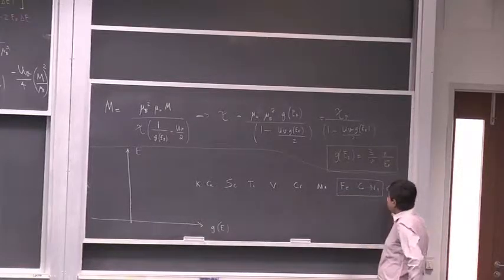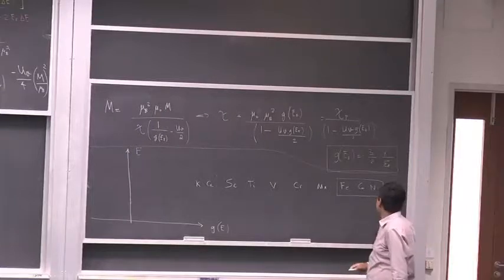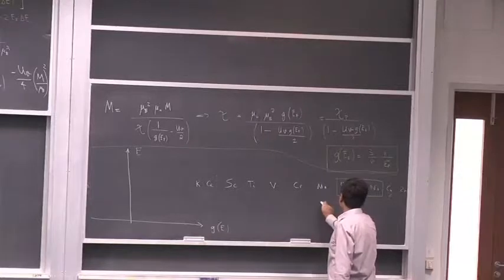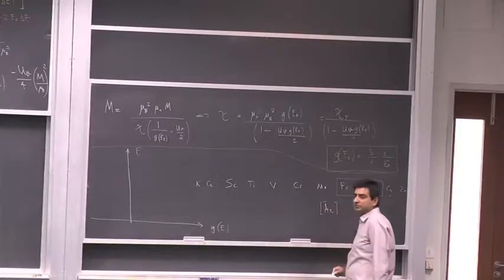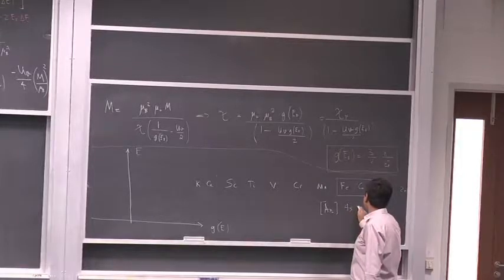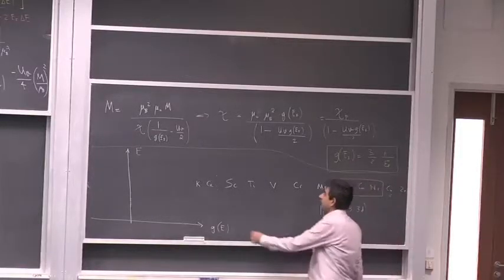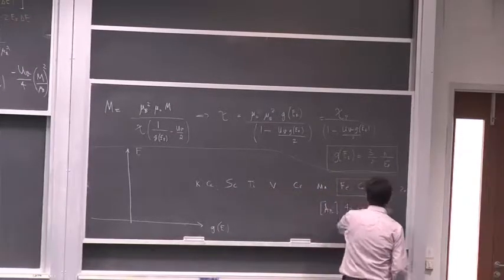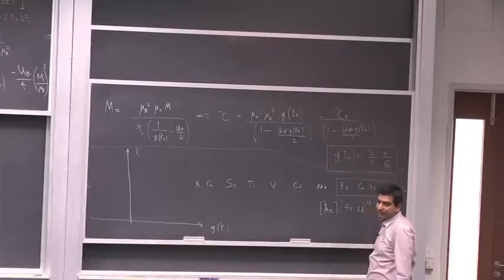So the electronic configuration of copper is going to be argon at its core, and we have 4s 3d, and how many electrons? 1 2 3 4 5 6 7 8 9 10 11 electrons in 4s 3d.